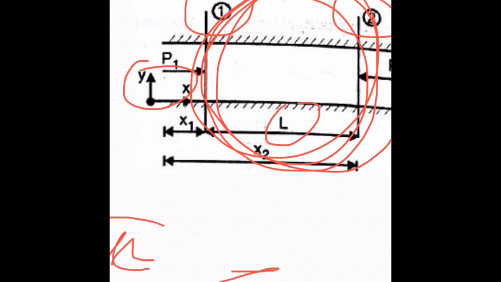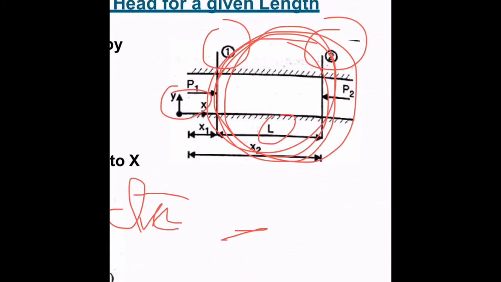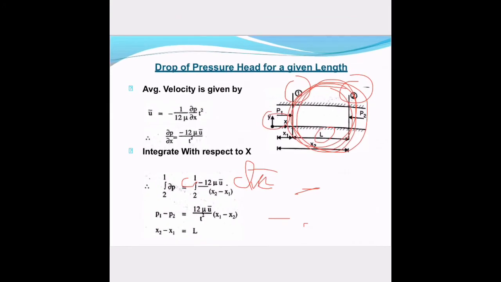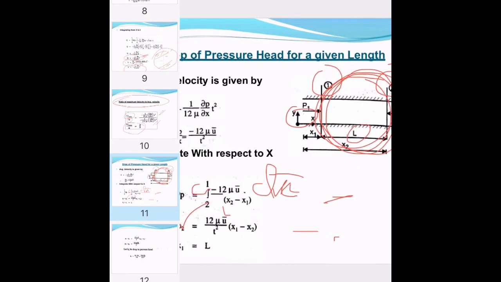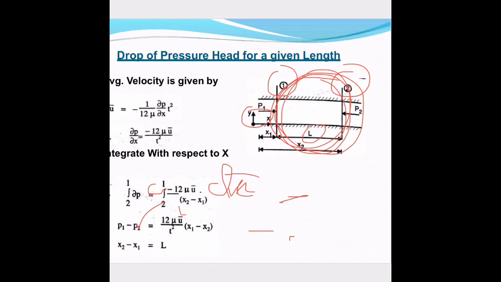So del P is the drop of pressure head, given by P1 minus P2 equal to 12 mu u bar divided by t square into x1 minus x2, which is given by L.